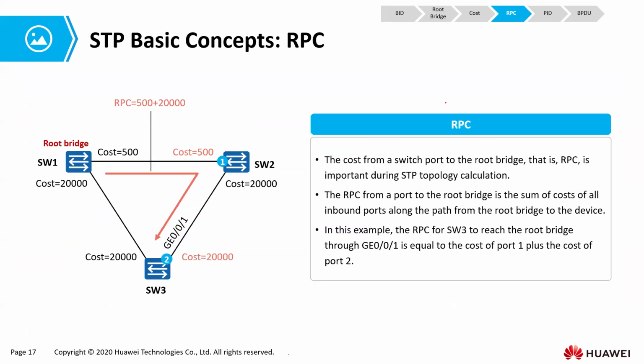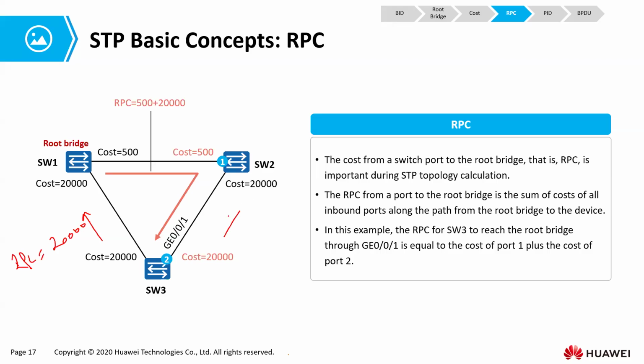Root path cost, I think we have already defined this one. Root path cost is the cumulative value of all the port costs. So if I go from switch 3 and want to go this way, my RPC is 20,000.